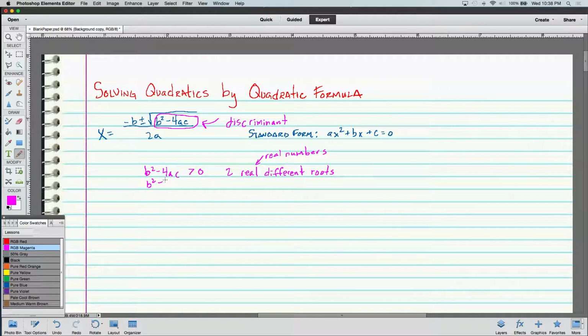If b squared minus 4ac is equal to 0, then we're going to have one root, what we call a double root. There's two roots, but it's one actual root twice. And then the last choice, if it is less than 0, then we have no real solution.